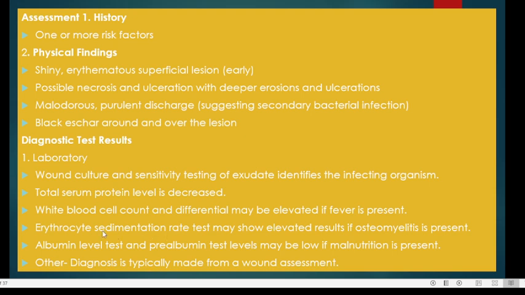The ESR, erythrocyte sedimentation rate test, may show an elevated result if osteomyelitis is present. Albumin or pre-albumin levels may be low if malnutrition is present. As for other diagnosis, the diagnosis is typically made from a wound assessment.